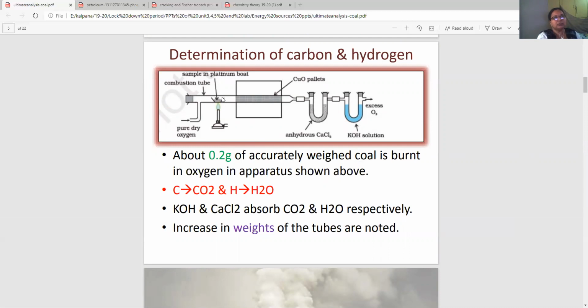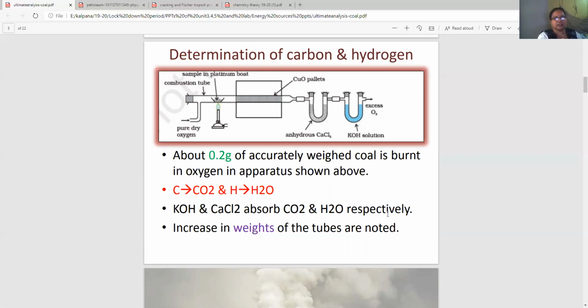Here the coal sample is burnt. If it has carbon present in it, it undergoes combustion reaction to form carbon dioxide, and if hydrogen is present, it forms water. Right? We know that.